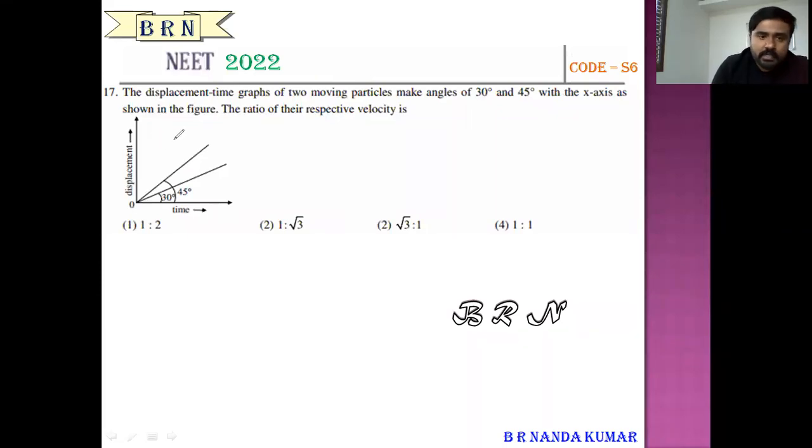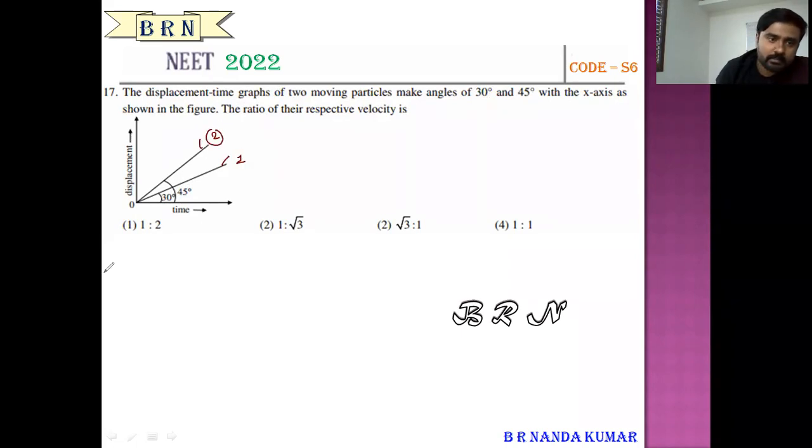The motion along a straight line comes here. Okay. Concept: the displacement time graphs of two moving particles make angles of 30° and 45° with the x-axis as shown in the figure. The ratio of their respective velocities is. In a displacement time graph, if we want to find velocity, we need to take the slope. Correct? Let's choose this as curve 1 and this as curve 2.